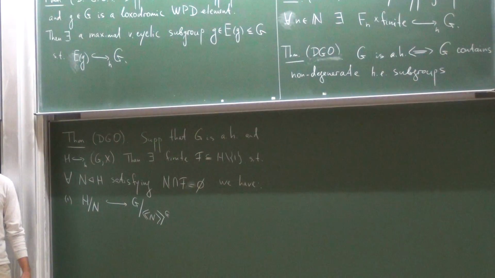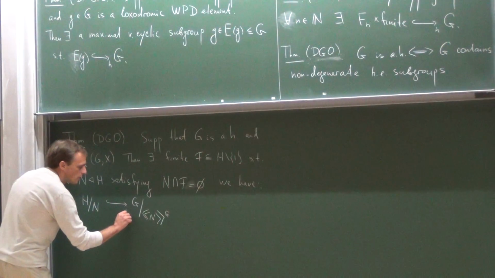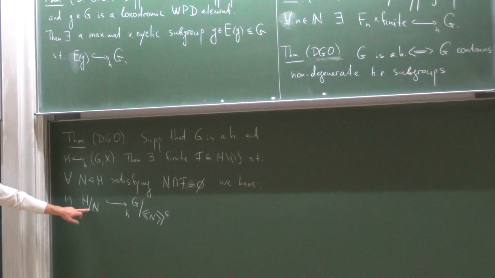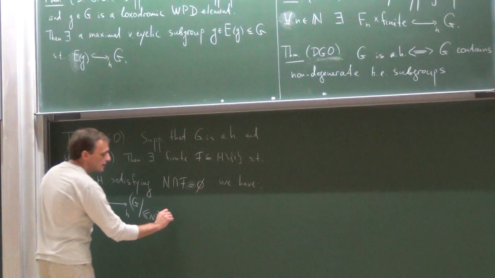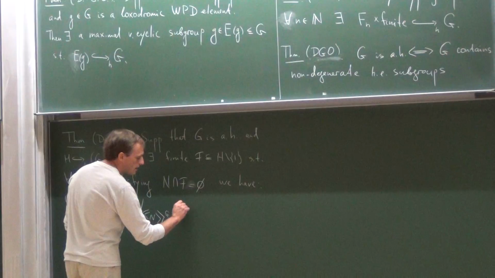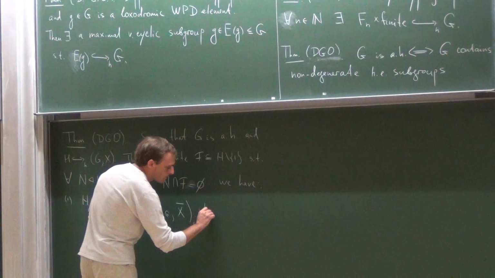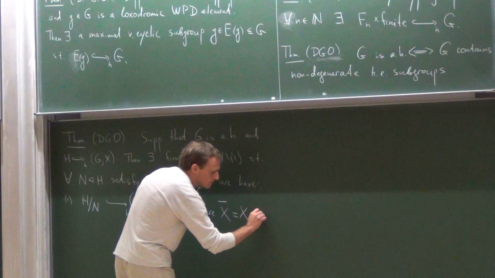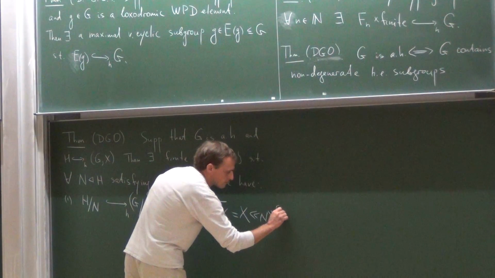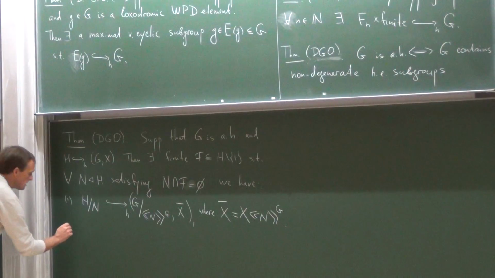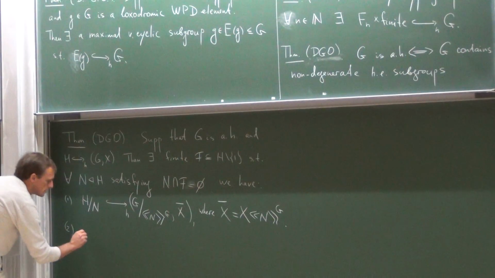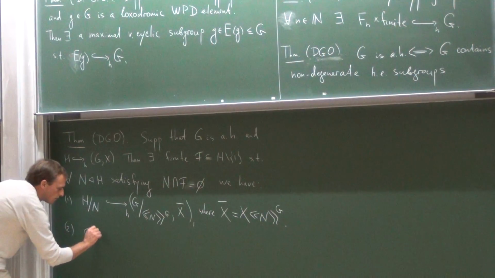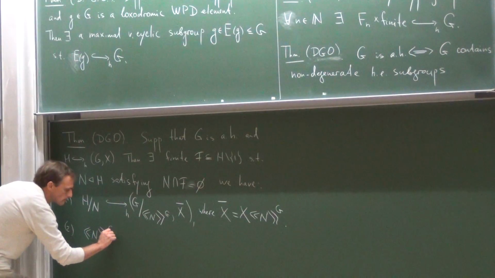So there is an embedding. And second, that this is a hyperbolic embedding. So this quotient is hyperbolically embedded here with respect to X bar, where X bar is the image of X. The second statement which I want to mention is the structure of this normal closure.